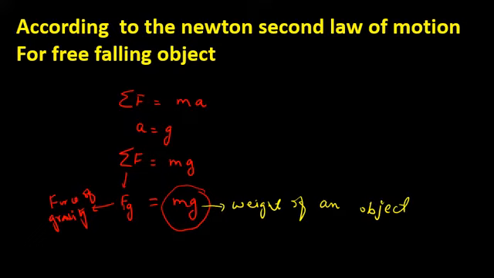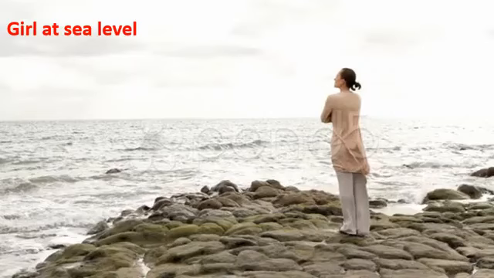Here we should know that the value of g is not constant, rather the value of g varies with height above sea level. At sea level, the value of g is equal to 9.8 meters per second squared. Let's suppose this girl is standing at sea level.